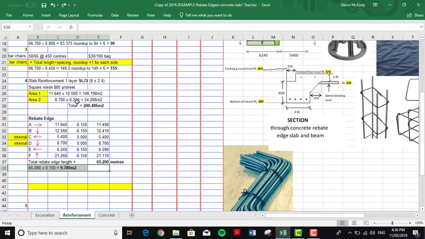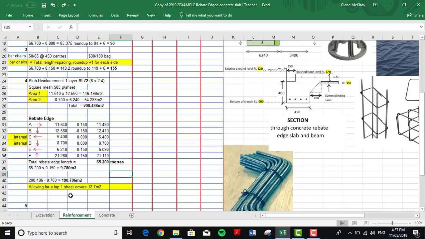What we have to do then, we then times it by 0.15 because that's the width there, and that gives us our area of 9.78 square meters. Okay, now what happens with that? We have, without any deductions, we had 200.486, and we have deductions of 9.78, so here it is here. We have the answer there, 190.706.